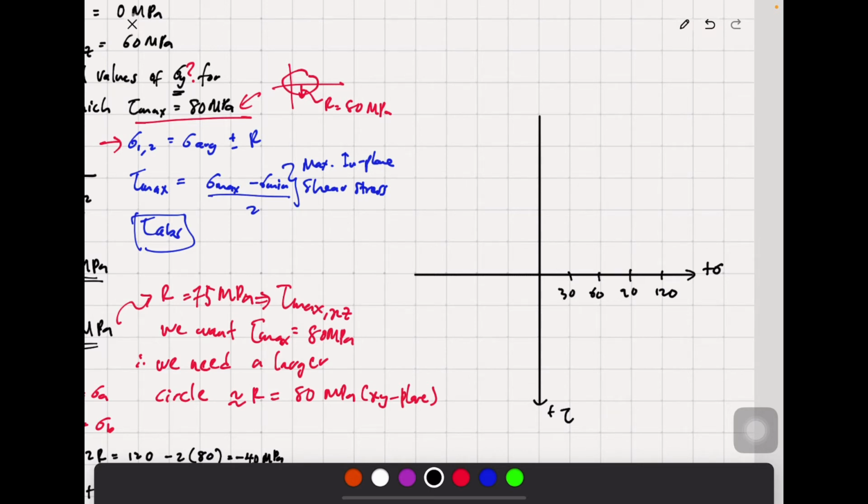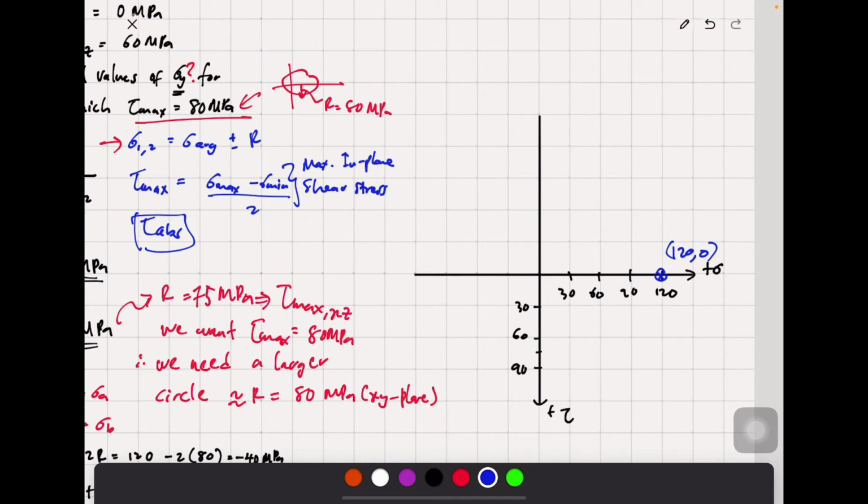So 30, 60, 90, and 80 around here. So we need to plot this to create a proper circle. I'm going to jot down a few points over here, which is very important. This point, for example, this point over here, is 120 megapascal for the maximum, right? 120, 0 for this point over here.